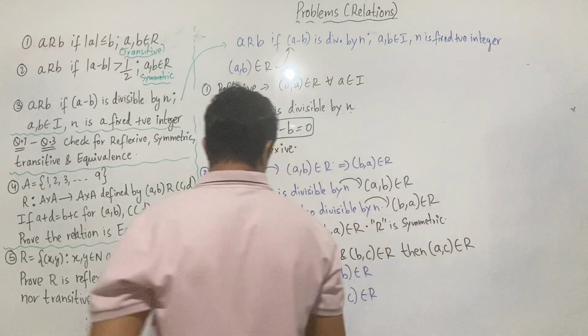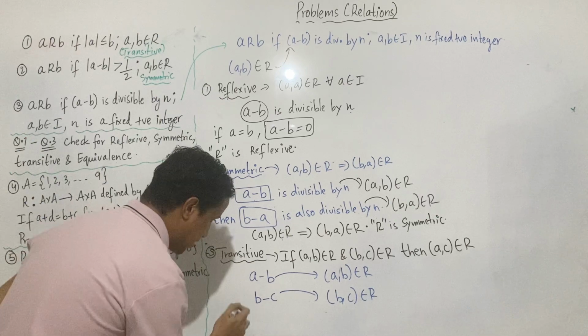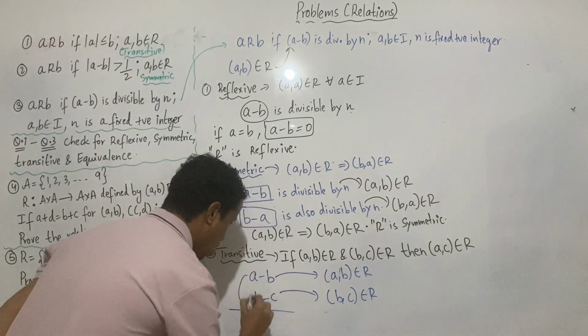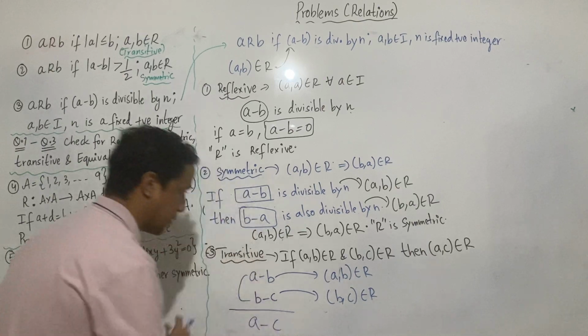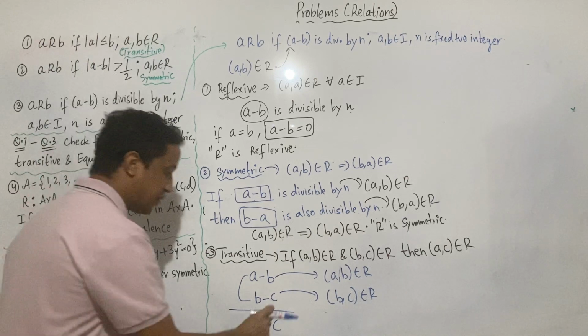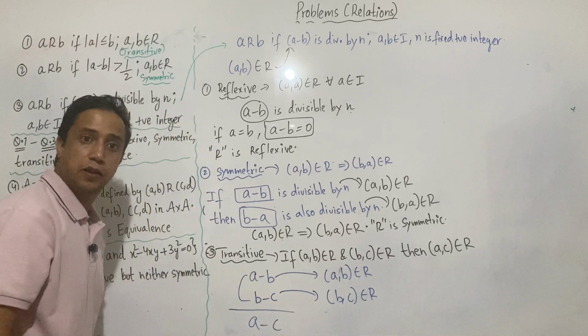So, now see here, if I add these two things, what would happen? A minus C. If this is divisible by n, and this is divisible by n, then of course it has to be divisible by n.